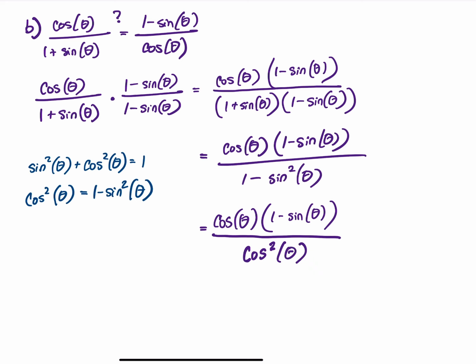And then here, since I have 1 on the top and 2 on the bottom, that cosine squared on the numerator will cancel with one of the cosines in the denominator. And then we'll get that right-hand side of the original expression that we had. 1 minus sine of theta on top over just cosine to the first power on the bottom, because one of them canceled.